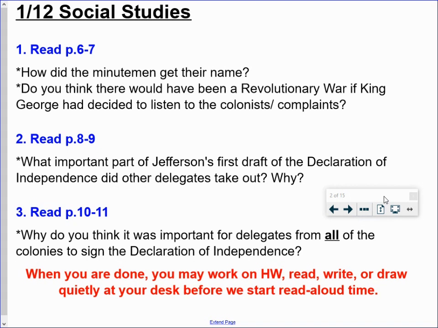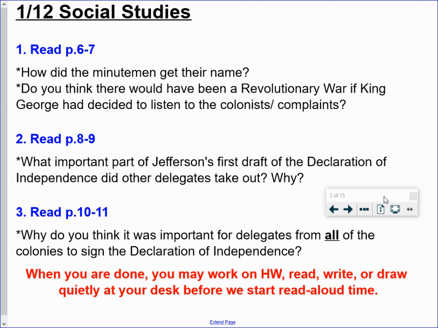Then, once you do that, you and your partner will read page 8 and 9, and you'll answer that question, which is, what important part of Jefferson's first draft of the Declaration of Independence did other delegates take out, and why? Once you finish answering that, then you'll do the third step, which is read page 10, 11, and answer, why do you think it was important for delegates from all of the colonies to sign the Declaration of Independence?